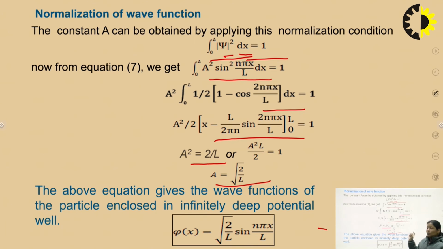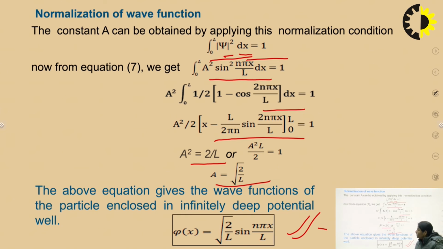Now we substitute this value of a in our wave function, and the wave function phi becomes the square root of 2 by L times sine of n pi x upon L. This is our wave function, which gives us information about the particle moving in this one-dimensional box of dimension L.